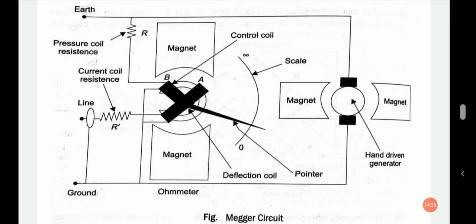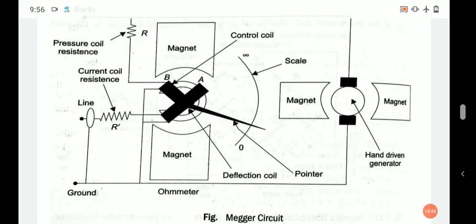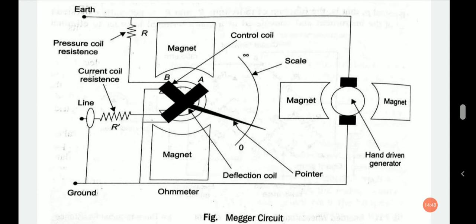It works on the basic principle that when two coils perpendicular to each other are suspended in a magnetic field, the resulting deflection depends upon the ratio of the coil currents. The figure shows the circuit of Megger. It can be seen from the figure that the circuit incorporates a guard wire at its line terminal so that the leakage current may not produce measurement errors.